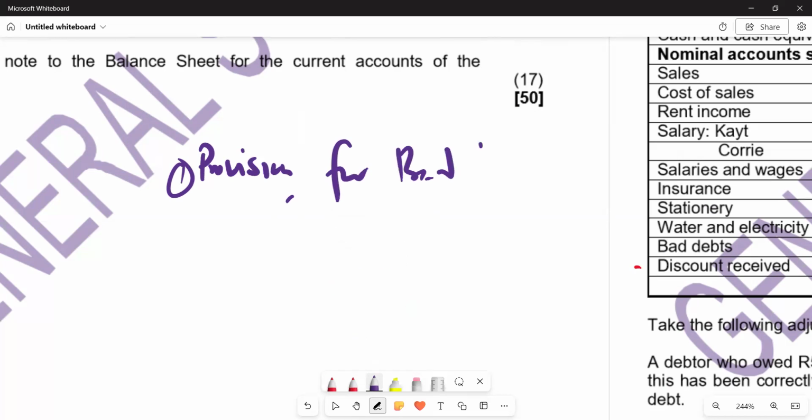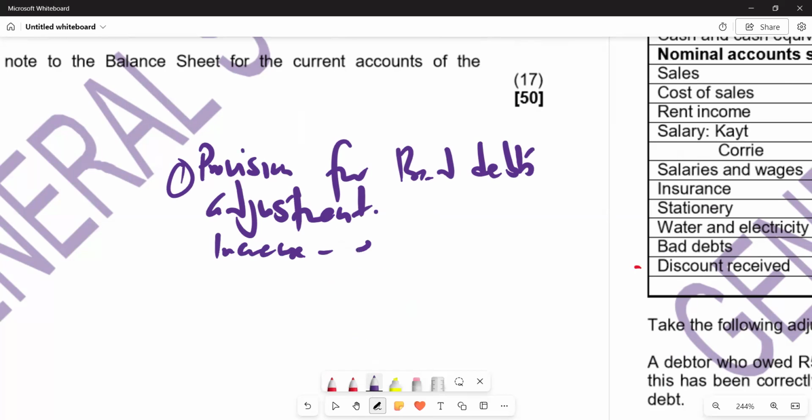Remember, this one can be a profit. It can be an expense. It can be an income. So remember, when it's an increase, it becomes an expense. And when it's a decrease, it becomes an income.